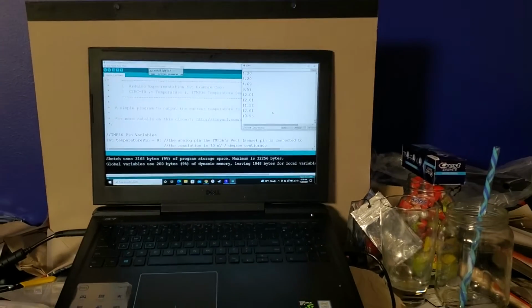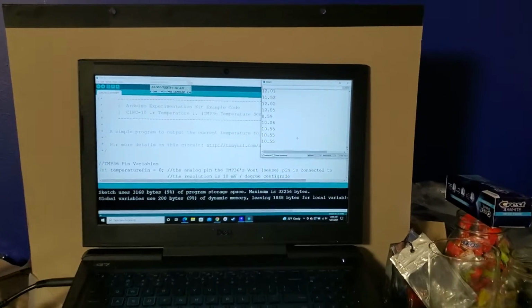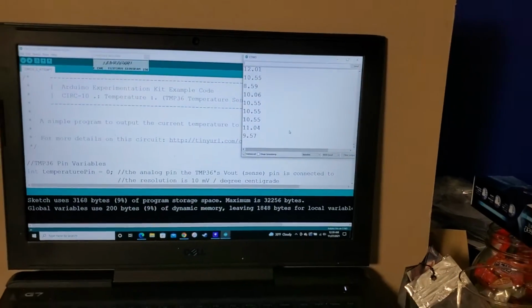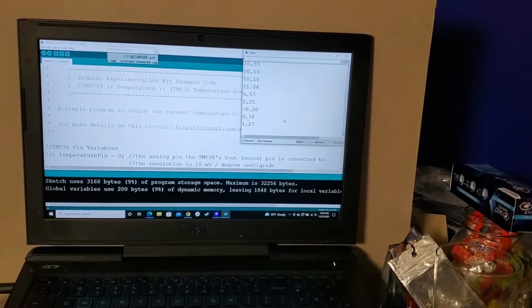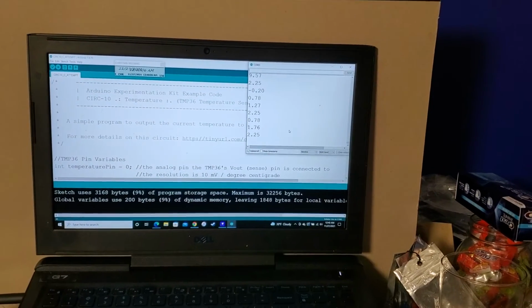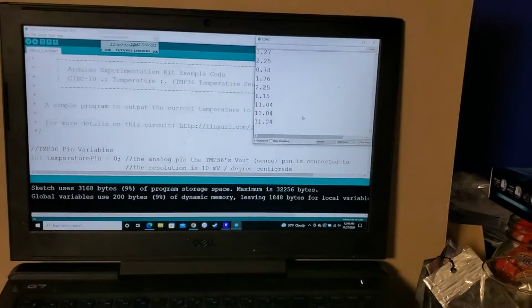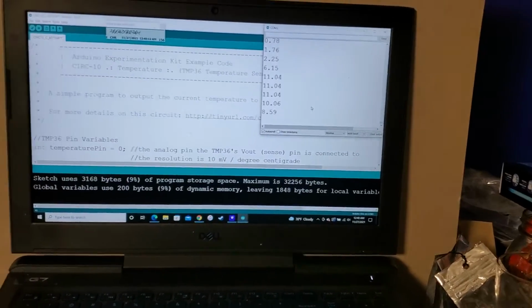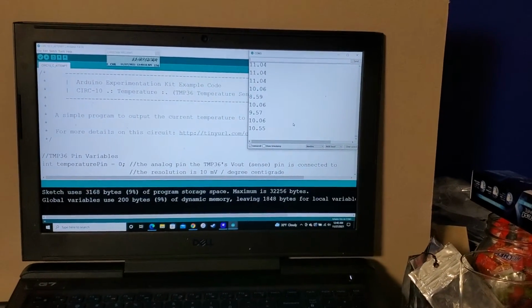So I've actually had to get as far away as I can from this thing, because I'm not sure how, but I think there's an electrical fault where it is offsetting the voltage that is going to the board. You could see it just went to negative 0.2 degrees centigrade, if I'm to believe this thing. So clearly there's some electrical problem going on somewhere between my laptop, the board, the cable connecting the two, and so on.